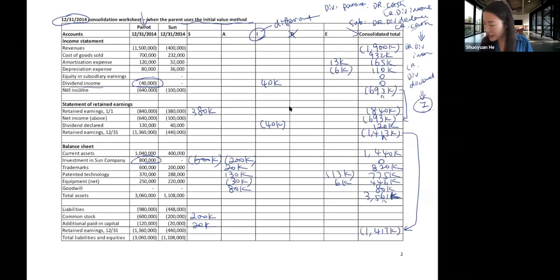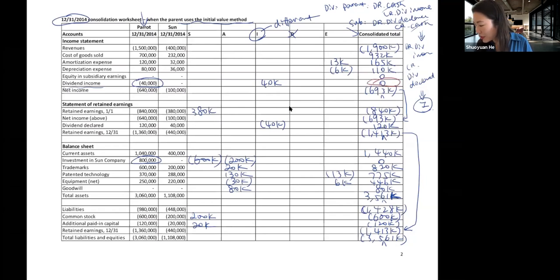Your total liability adds up to 1,428,000. Common stock is 600,000. Additional paid-in capital 120,000. And everything adds up to 3,561,000.